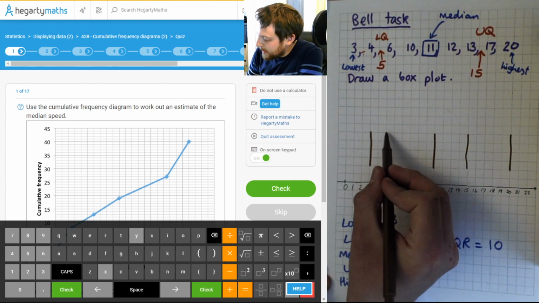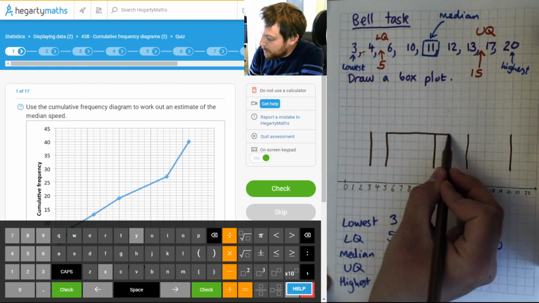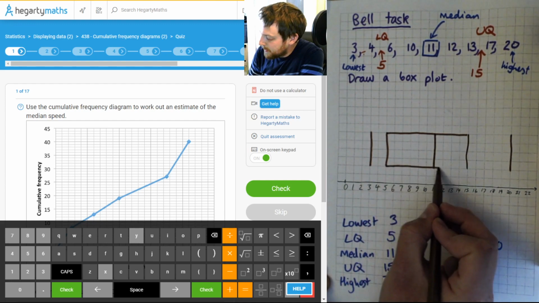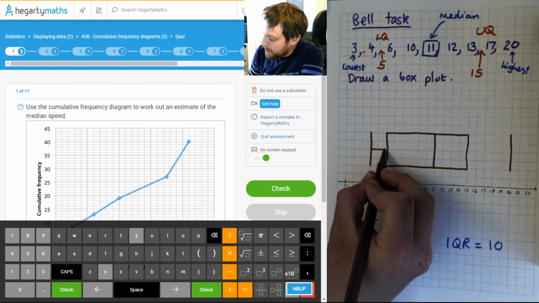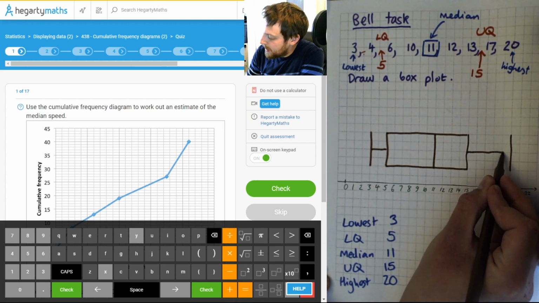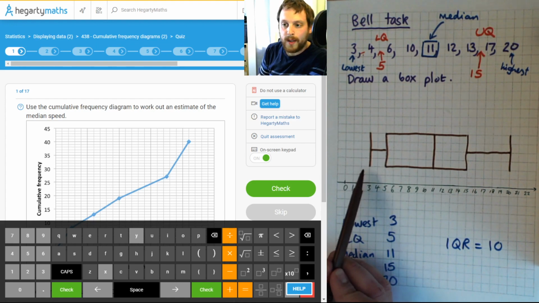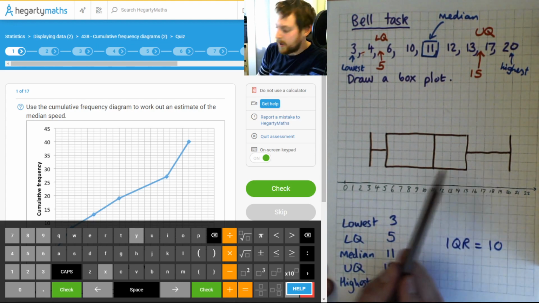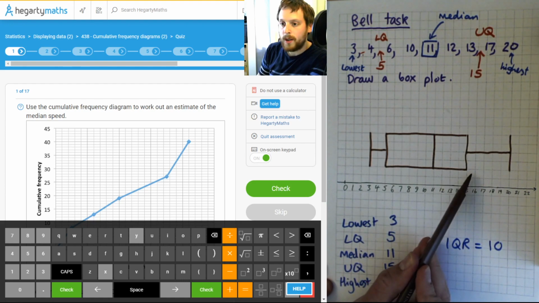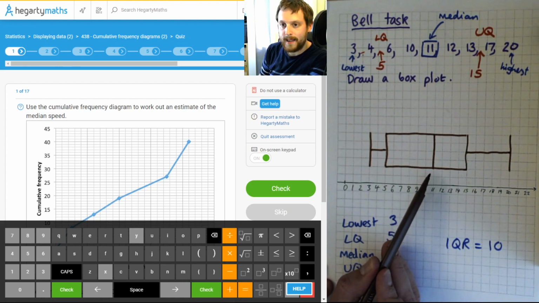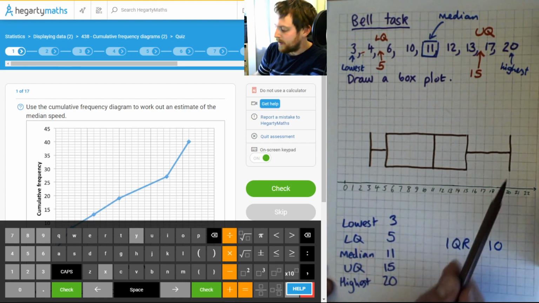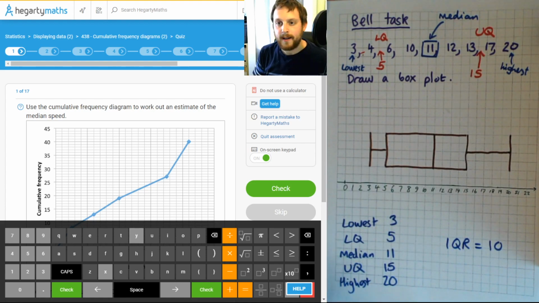And then what you do is you join the lower quartile to the upper quartile like that, and then you put 2 lines here like that. And so that's how you draw a box plot. That is what a box plot is representing. You've got your lowest and your highest, you've got your lower quartile and your upper quartile, and you've got your median. So if I just gave you this picture, I could ask you, what's the range?